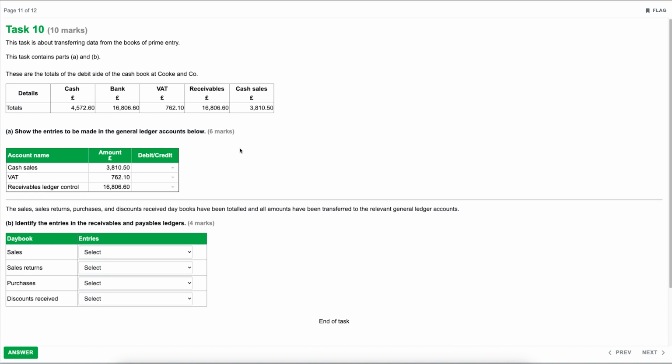Remember, the amount shown within the receivables ledger control is how much our customers owe the business. It's an asset. However, when they pay, which is what we're recording here, we need to lower that back down. And we lower the value of an asset account by crediting it. So for each of these, they would all be credits to their respective accounts.